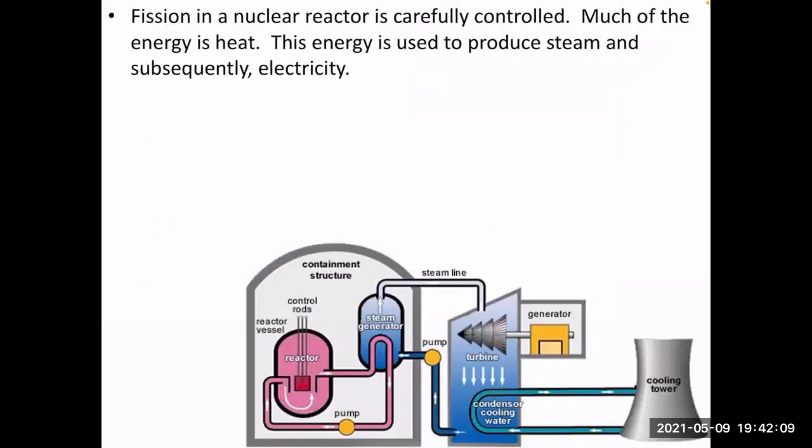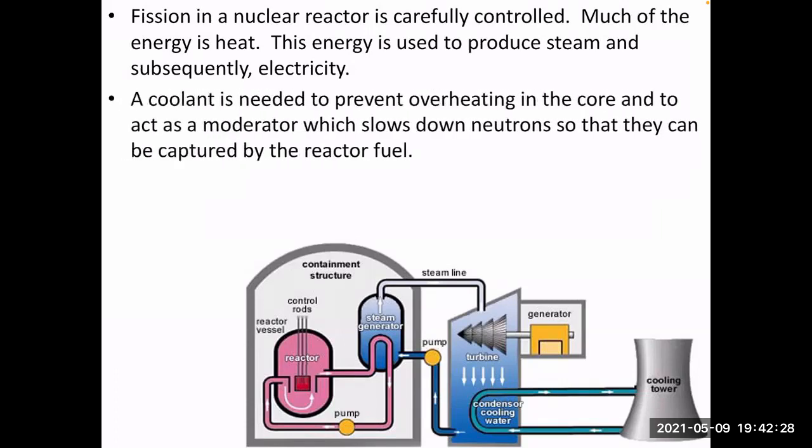Fission is what's used in nuclear reactors, and it does have to be carefully controlled. Much of the energy that is given off is heat. That heat energy is used to produce steam, which goes through a generator to make electricity. A coolant is needed to prevent overheating in the core, and it acts as a moderator, which slows down the neutrons so they can be captured by the reactor fuel.